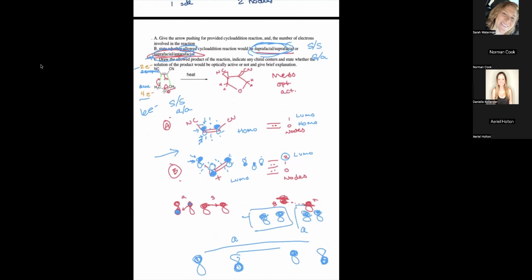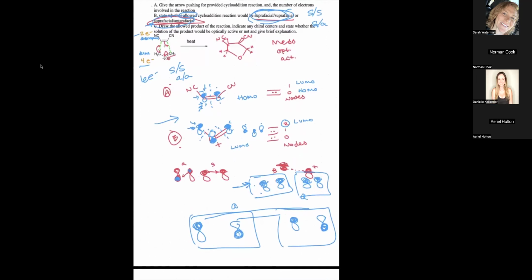Like if this is one and this is another system, right? So supra just means that the bonding versus anti-bonding are all on the same side for that pi system, versus antara means that it's opposite bonding, anti-bonding within that pi system. Does that make sense? So that's why you would use antara-antara if your connection came through like this.